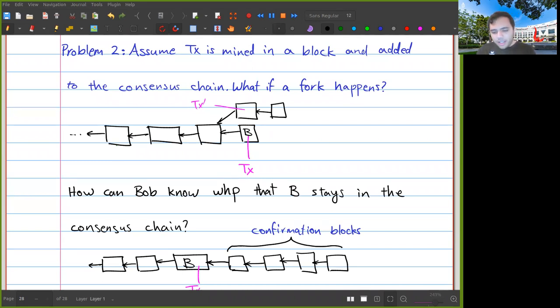So if you want to have, let's say, almost instant payments and almost instant delivery, for example, in a vending machine, then Bob just has to accept these kinds of risks. But this is a really small risk. Again, I have to repeat this, that any particular miner has a very small stake. It has a very small proportion of the total hash power. So it's very unlikely that Alice can do this kind of attack.